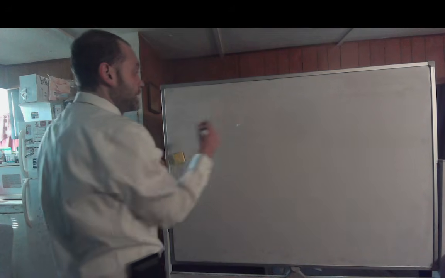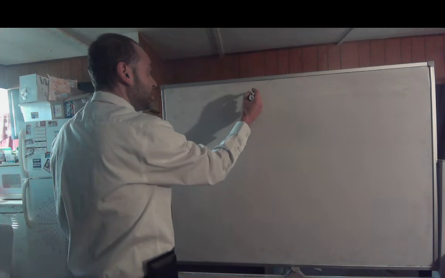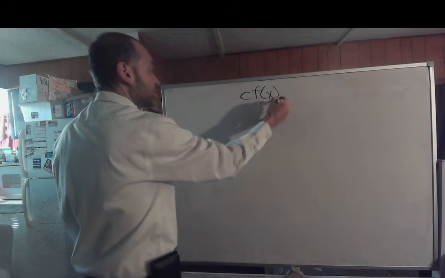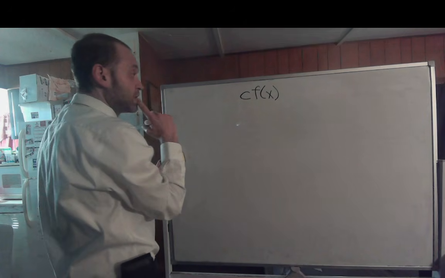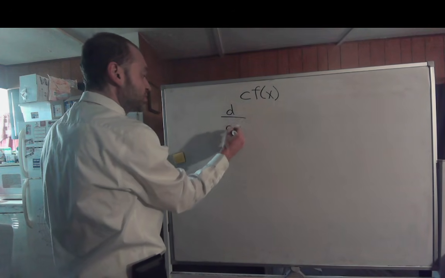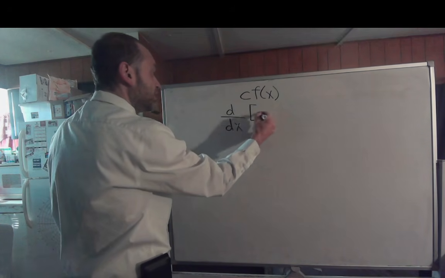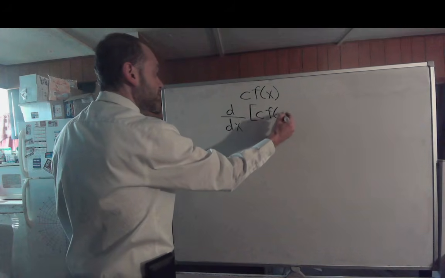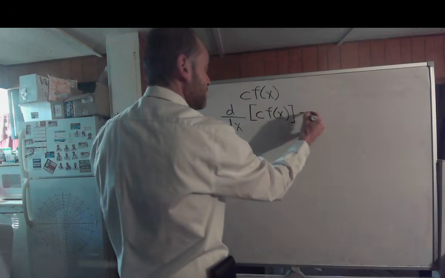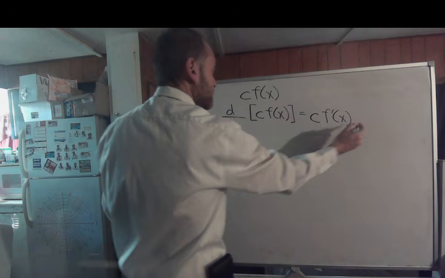Let's say you have a constant times some function of x. Well, if we take the derivative with respect to x of a constant times that function of x, that is simply equal to the constant times the derivative. That's all that is.